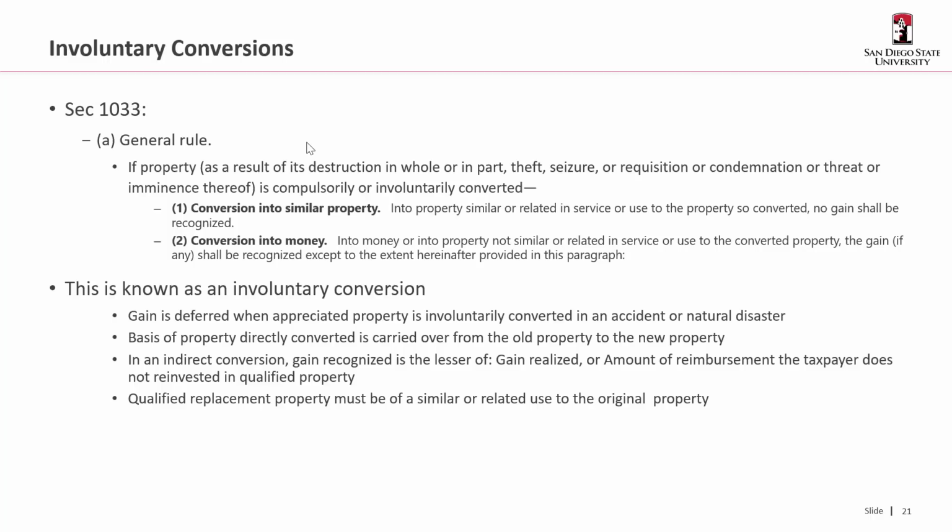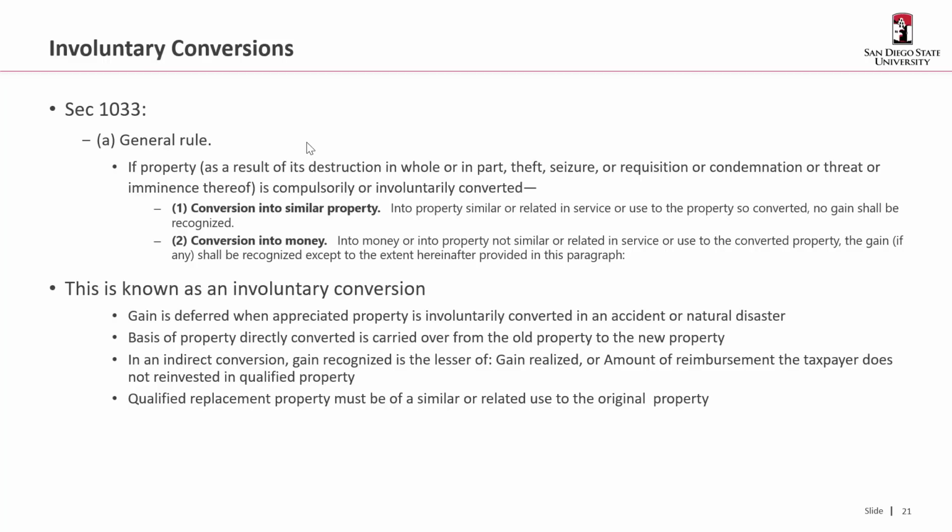So Section 1033 comes along to save Wubsy. And it says, if property is compulsory or involuntarily converted into similar property, no gain shall be recognized. If, on the other hand, it's involuntarily converted into money, the gain shall be recognized.